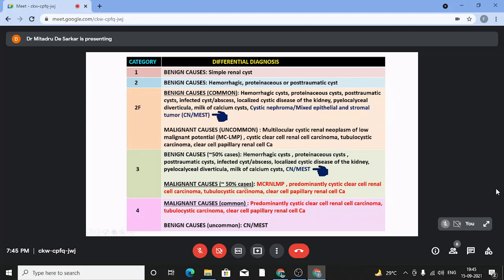In category 4, you have a solid mass over here, so actually it should not be coming into the realm of the totally cystic lesions. So in that, you have predominantly cystic clear cell RCC, tubulocystic carcinoma sometimes, and clear cell papillary RCC.